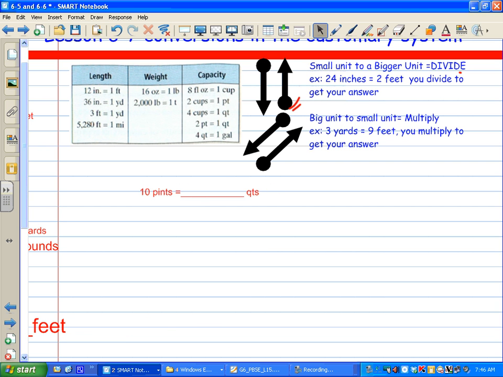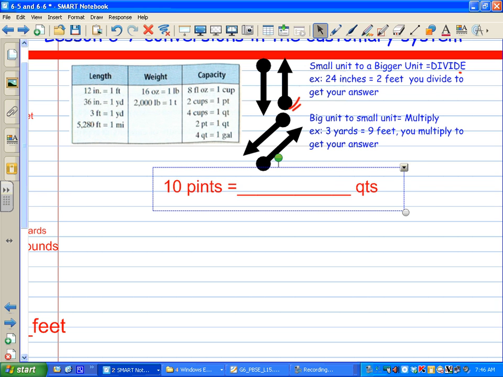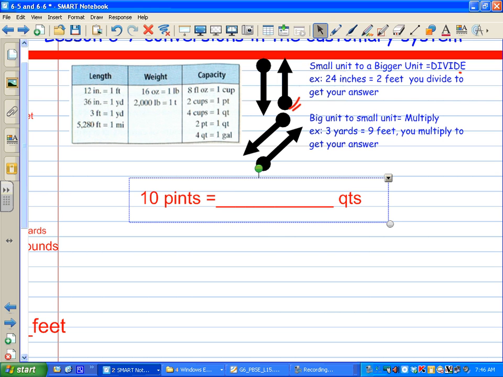I have 10 pints equals how many quarts? Now, a quart is much bigger than a pint. So I'm going from a small to a big. So I'm probably going to have to divide. I'm already thinking I may have to divide to answer this problem. However, I want to model my unit here. How many pints go into quarts?